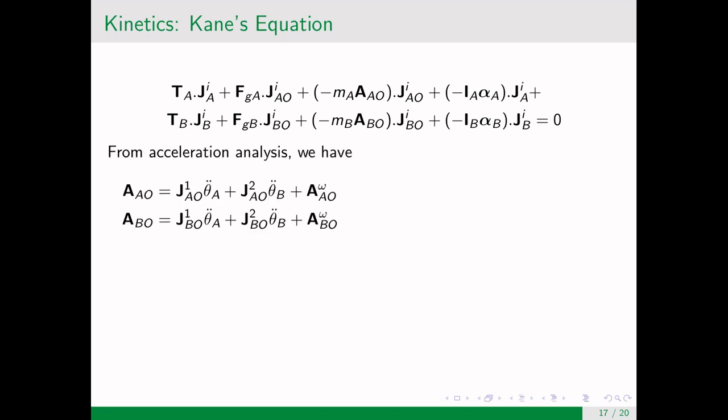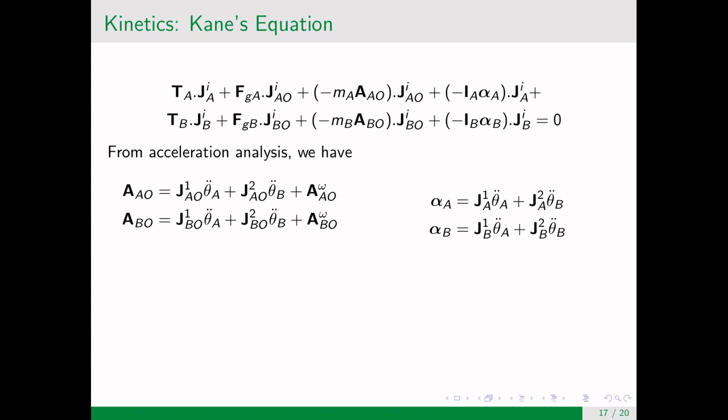Now, for acceleration analysis, we have written the acceleration of center of masses in terms of J theta dot and the omega component, which can be computed. So we also have alphas written in this form, right?